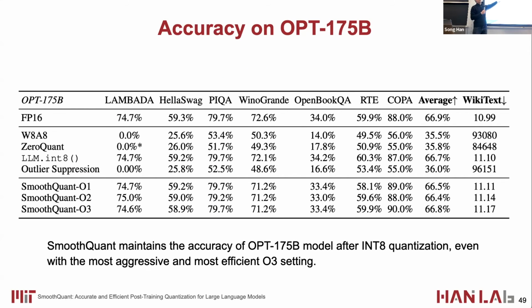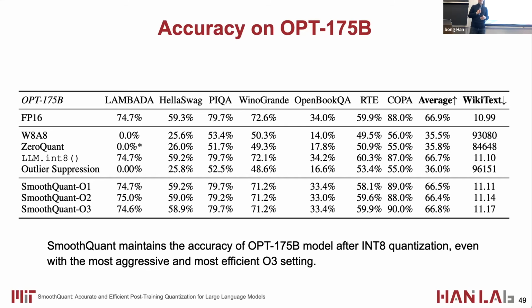Other methods like ZeroQuant also don't work. We even tried, for example, not quantizing some of the QKV projection layers, but again, that doesn't rescue this method. LLM.int8 introduces this mixed precision. So for those outliers, those big skyscrapers, they use FP16 to represent them.